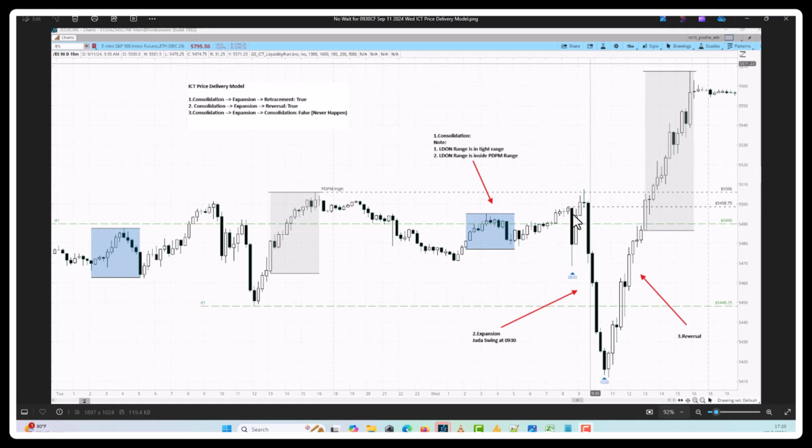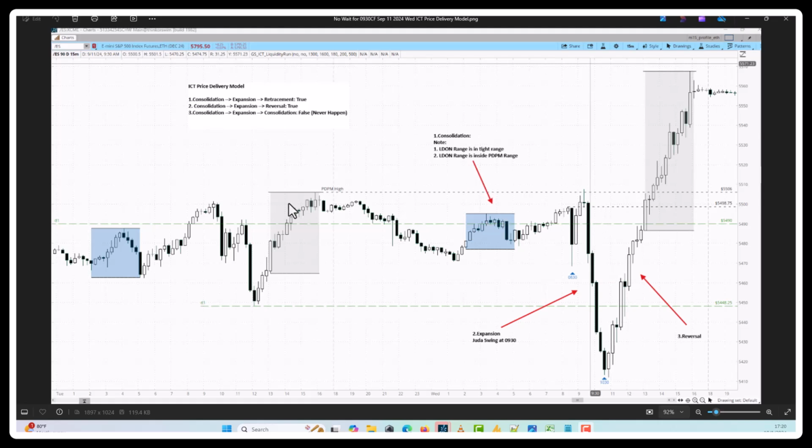We see at 8:30 it already started a down move, and then it created a setup right there. Right. So 8:30 is one of the critical time references for us to look for this kind of setup.